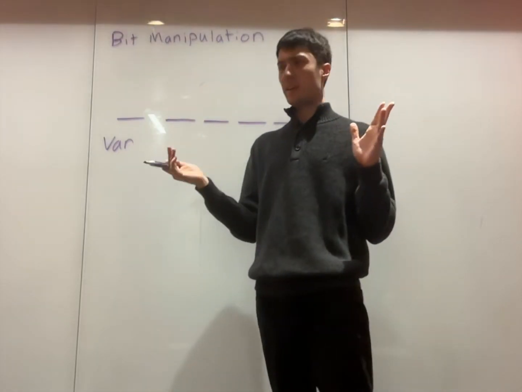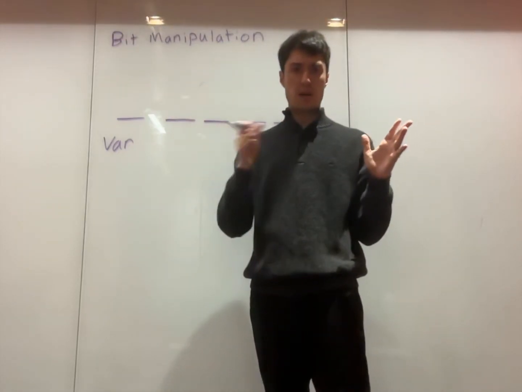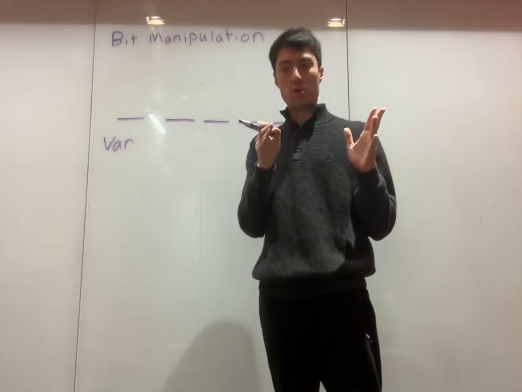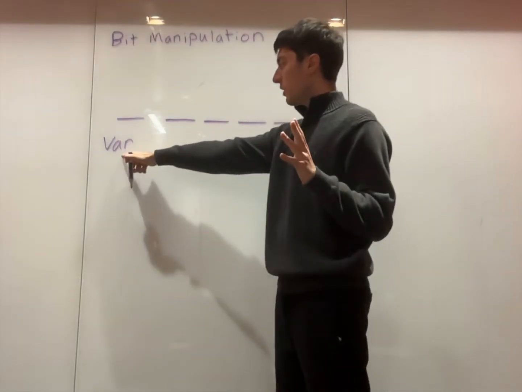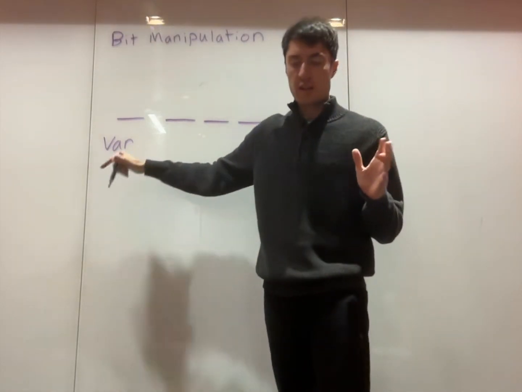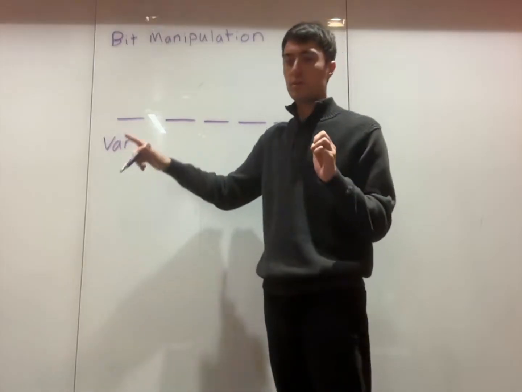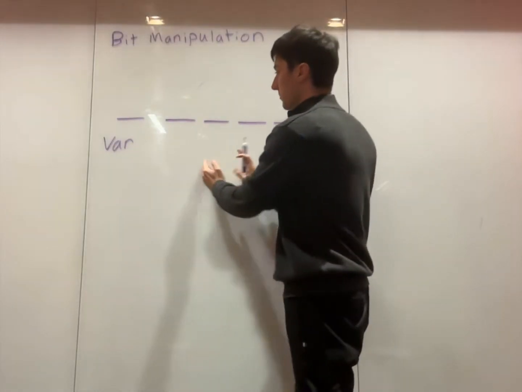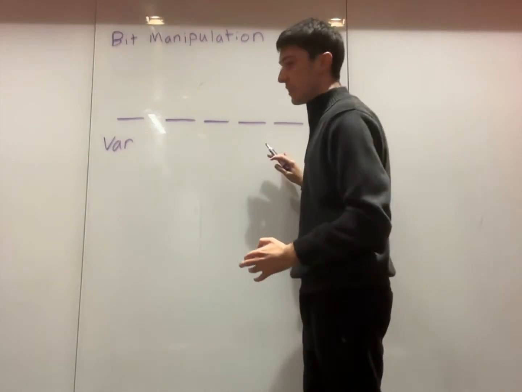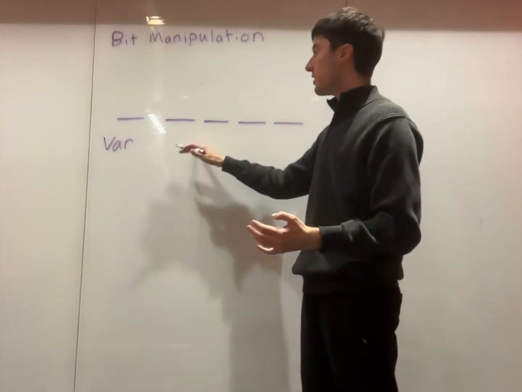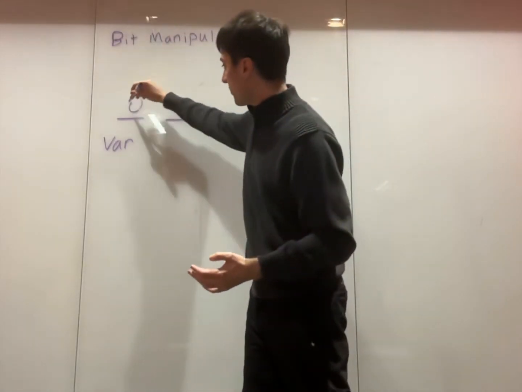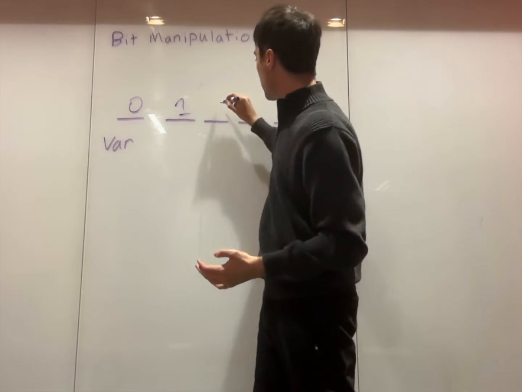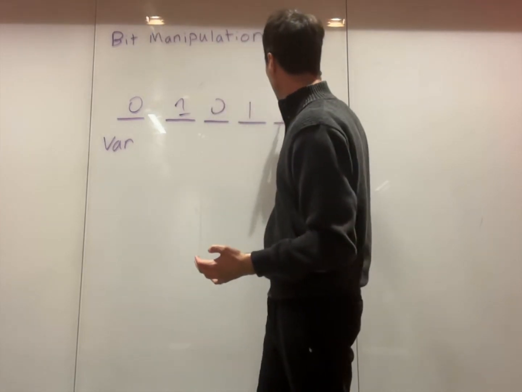So I think an int has like 32 binary values, and so any variable of any type, you can have a char, a string, whatever, it's going to just be set here. Okay, so the idea of bit manipulation is we have 0, 1, 0, 1, 1, right?